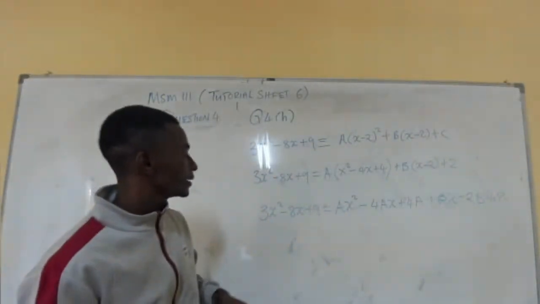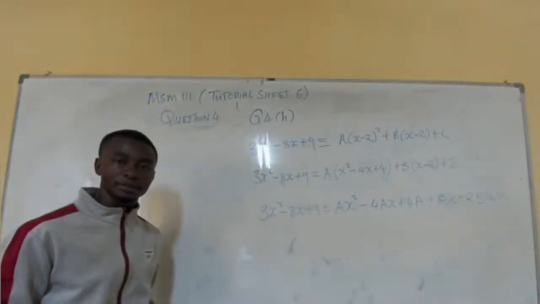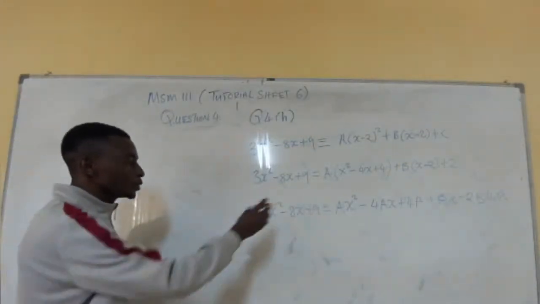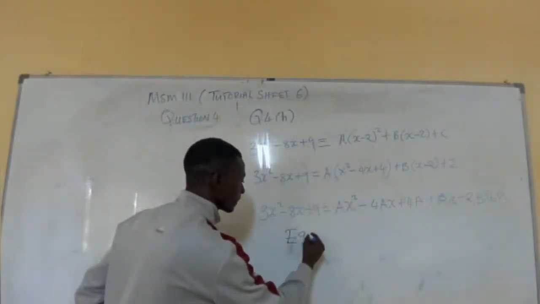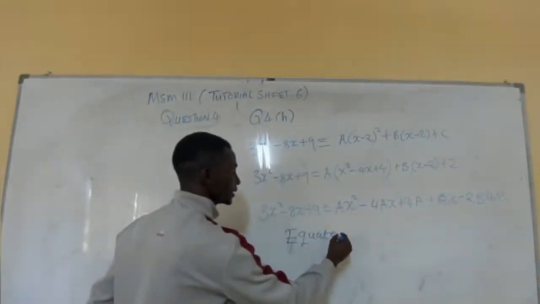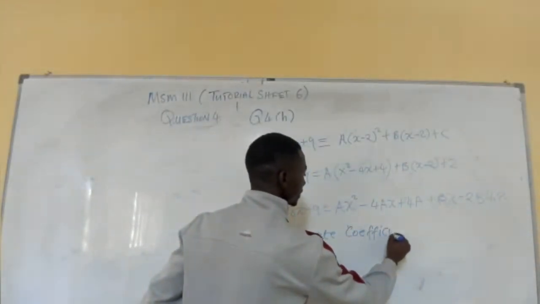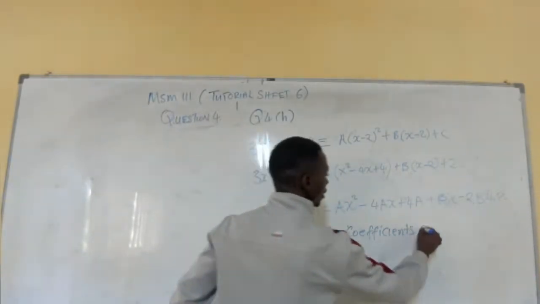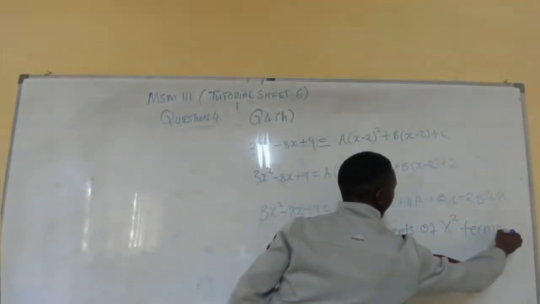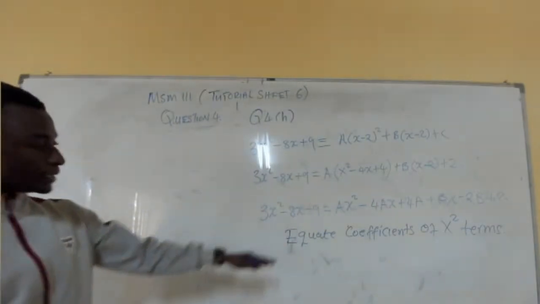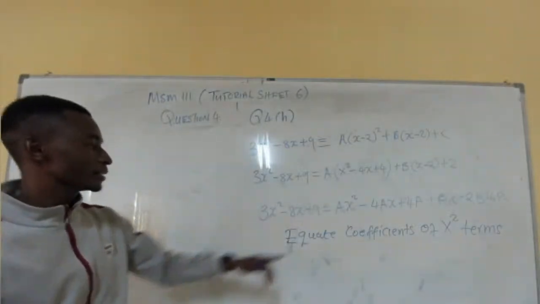We want to find the values of A and B. How are we going to do it? For you to find the value of A, you equate the coefficients of x squared terms.